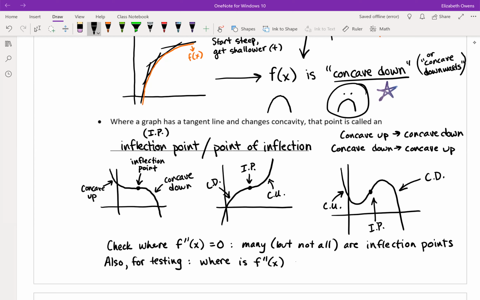Where is f double prime of x undefined? Okay, so we'll need all of these for testing our second derivative. Places where the second derivative equals 0 could give you inflection points, but that's a big part of the testing there, seeing if they really are inflection points or not. Okay, so that is the idea behind inflection points, or points of inflection.